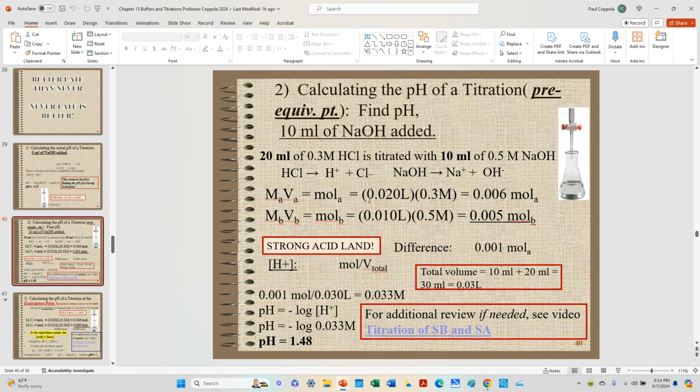You get the moles of acid and moles of base, and we see we still have some acid left over, but we have a new total volume, because molarity is moles per liter of solution. So we take the moles of acid over the total volume in liters, get the molarity, and then the negative log of that gives the pH. So we're still in strong acid land after 10 milliliters.